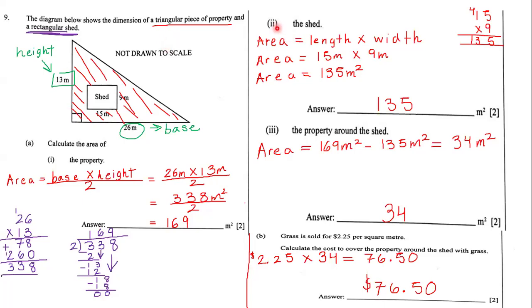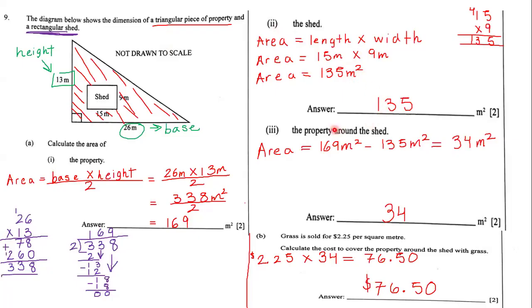Do here. Okay. The area of the shed, you do the length times width to get the area, which is 15 times 9, and then you get 135 meters squared.